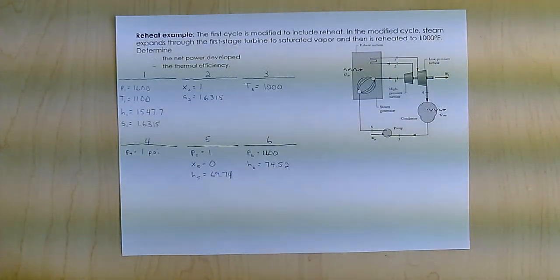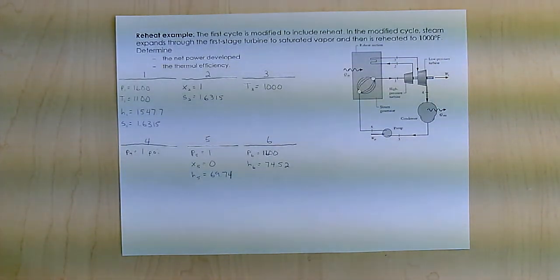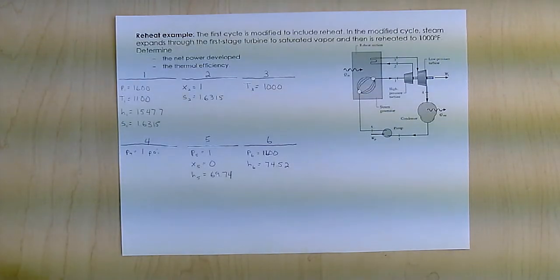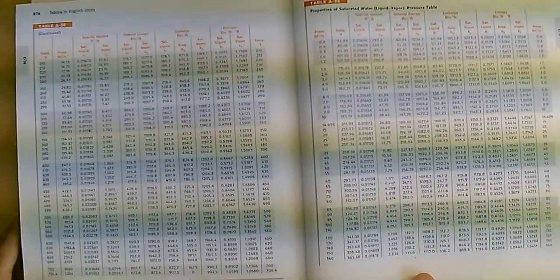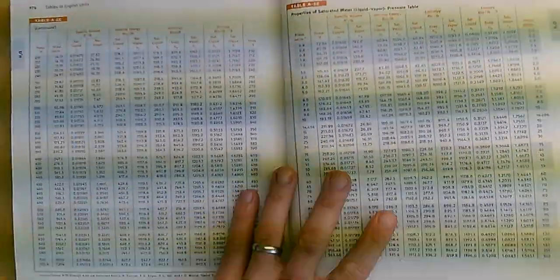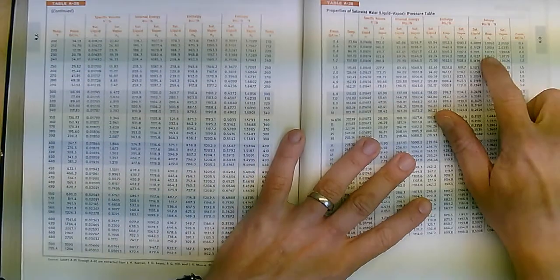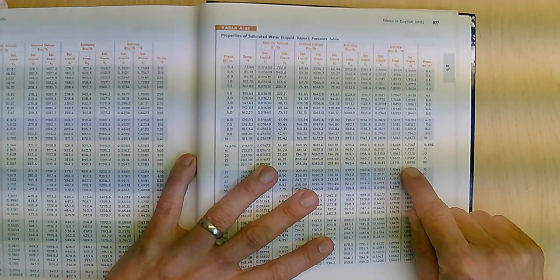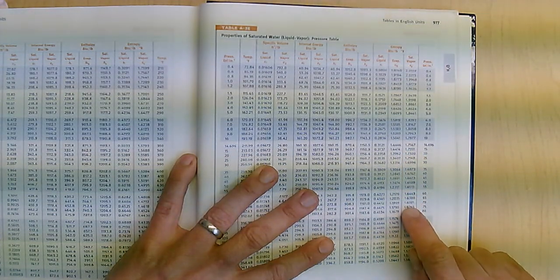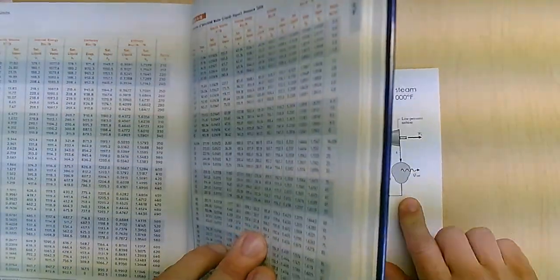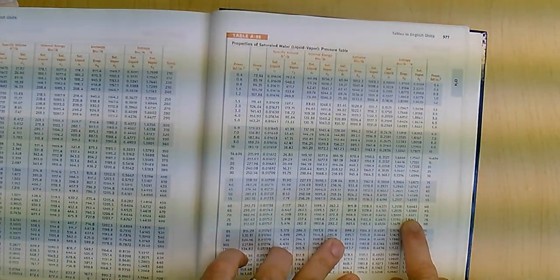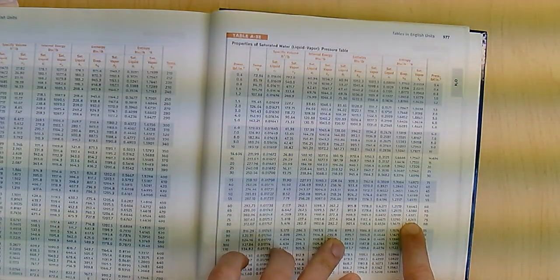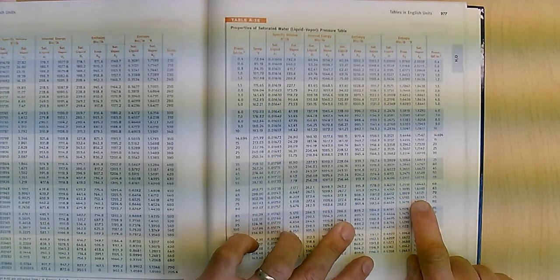I know I'm saturated vapor, so really I'm just going to scroll down, by pressure, until I hit 1.63 for saturated vapor. I scroll down, and you can see 1.63 is in this range right here, basically between 70 and 75.